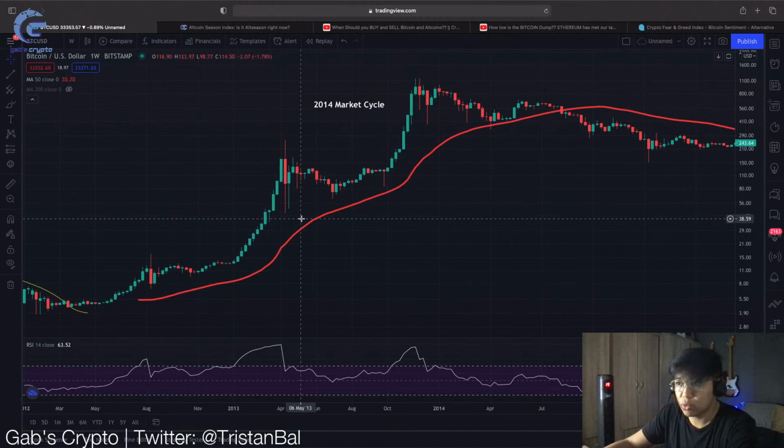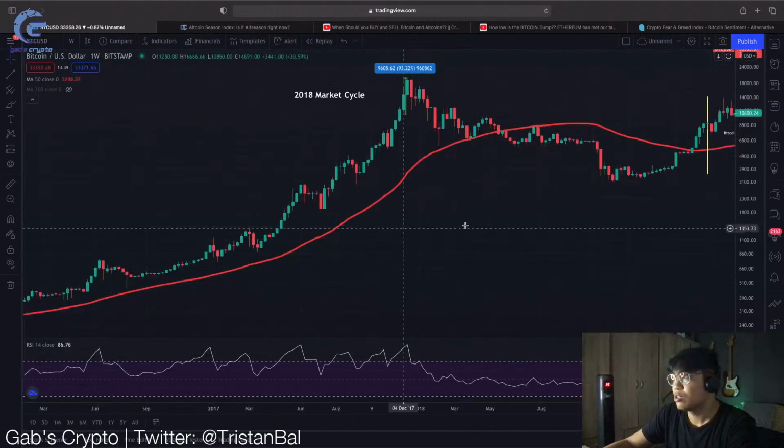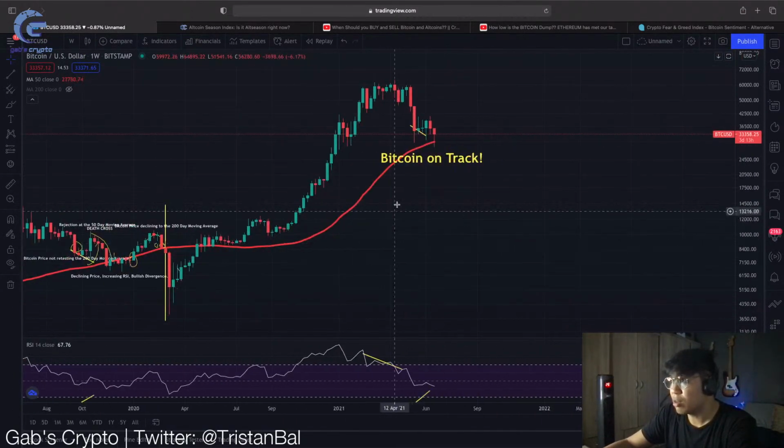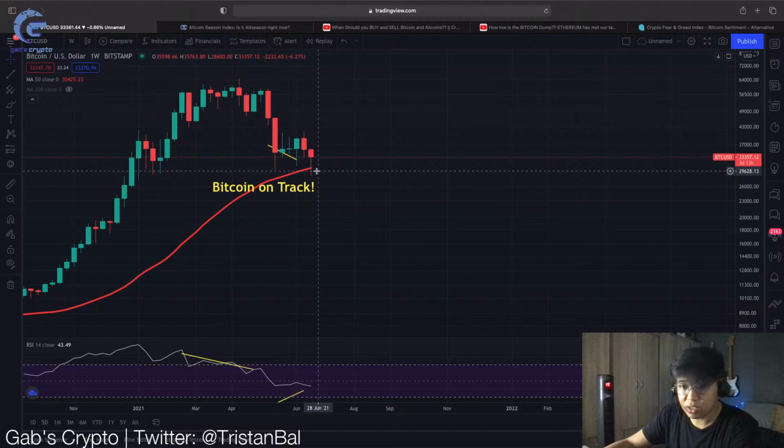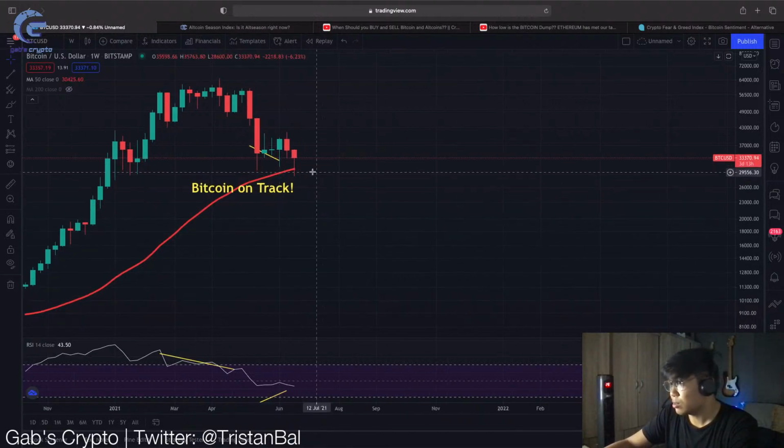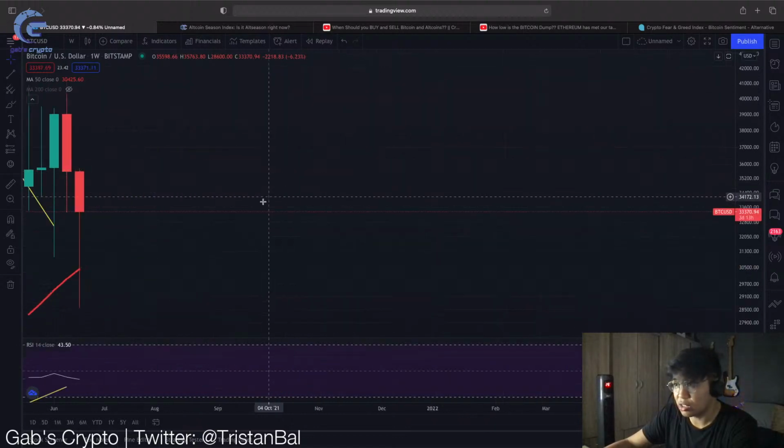So, if a dump happens, the lowest possible area would be around this red line, the 50-week moving average. You can follow this red line, and that's around 30,000 US dollars.